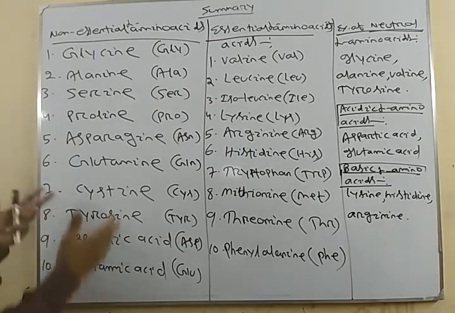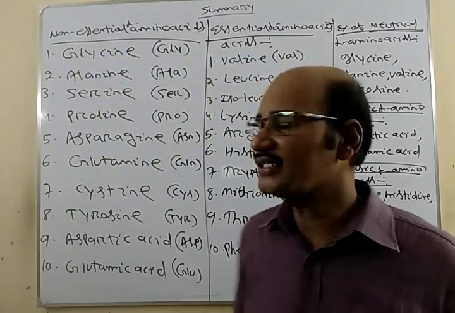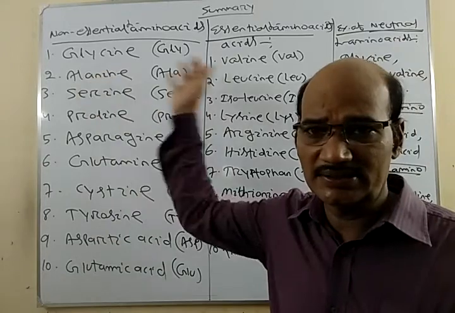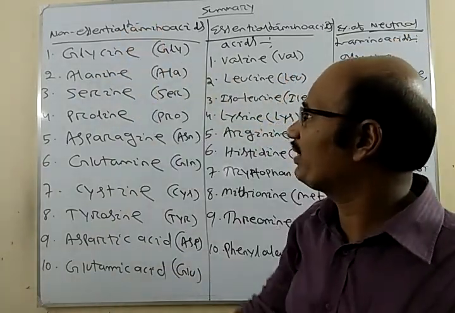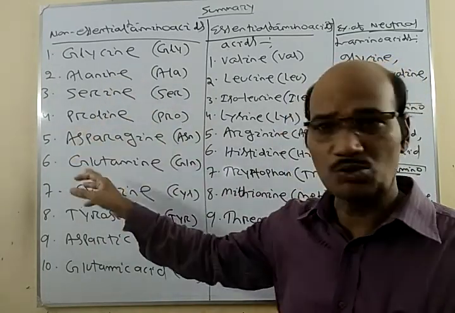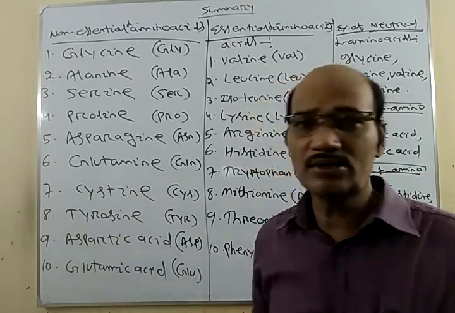So these are the examples of different alpha amino acids. As we already discussed, alpha amino acids can be of two kinds, non-essential and essential. Non-essential amino acids are glycine, alanine, serine, proline, asparagine, glutamine, cysteine, tyrosine, aspartic acid, and glutamic acid.